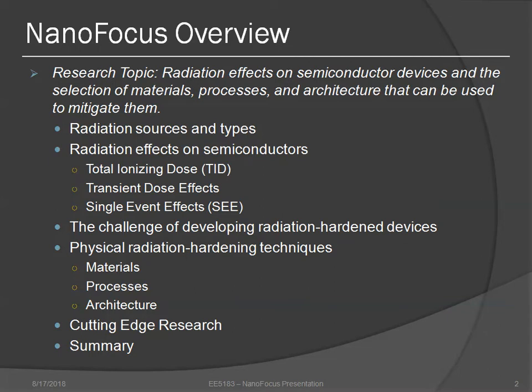Then we'll look briefly at the challenge of developing radiation hardened devices, and we'll look at the physical radiation hardening techniques: your material selection, process control, and design architecture. Then we'll finish up by taking a look at the cutting edge and future research that's going on right now, and we'll conclude with a summary of the highlights.